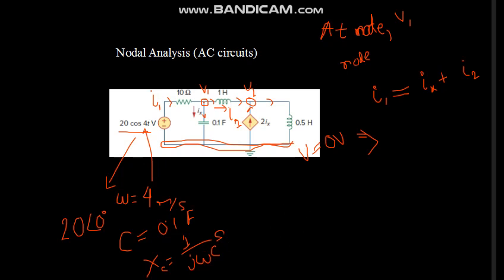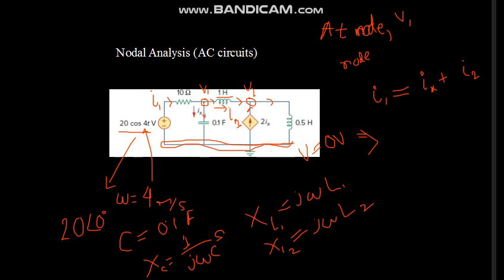You can also find XL. There are two inductances, XL1 and XL2, by applying j omega L, with L1 being 1 henry, and another j omega L2. After finding these, you will get the converted frequency domain circuit.